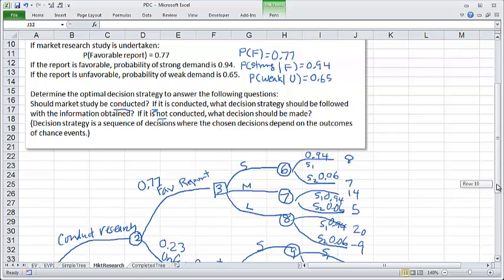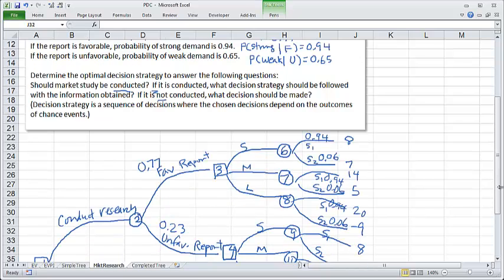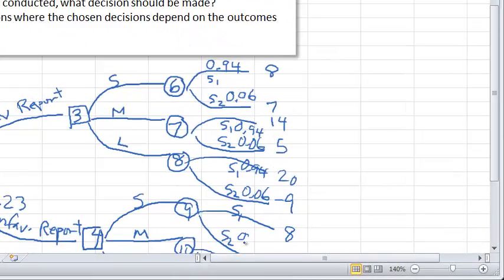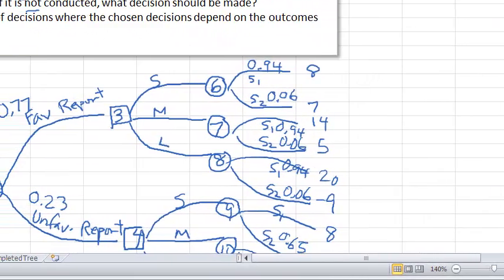Now let's go down over here. It says probability of weak demand given unfavorable report is 0.65. So that corresponds to this part. Given unfavorable report, probability of weak demand, so that's S2, is 0.65.